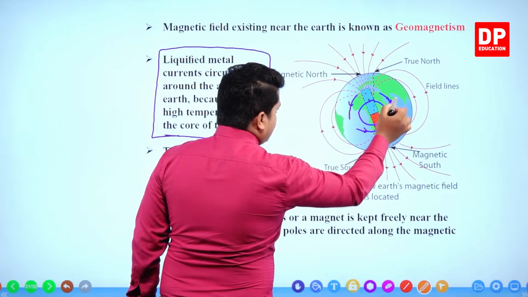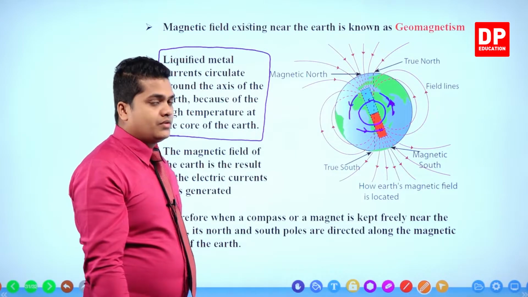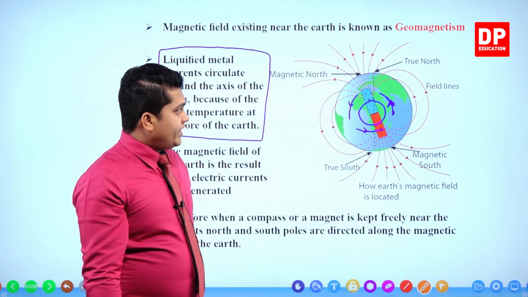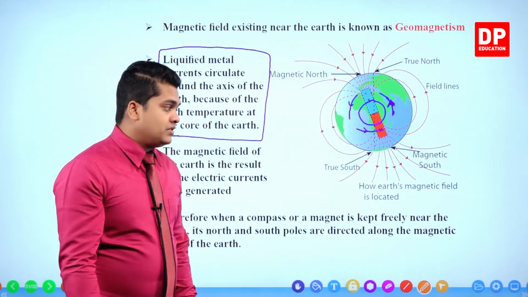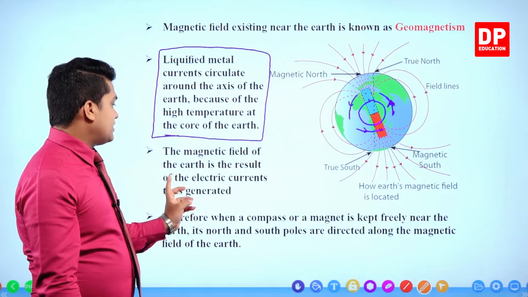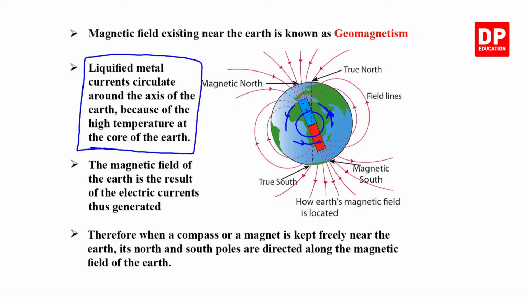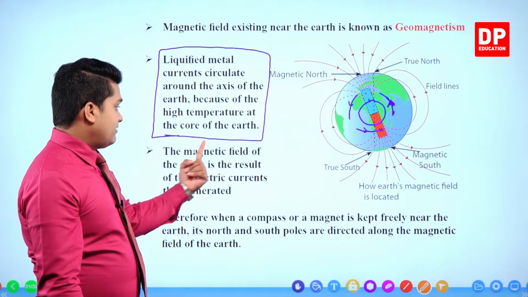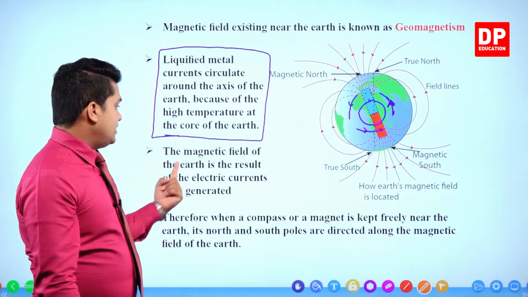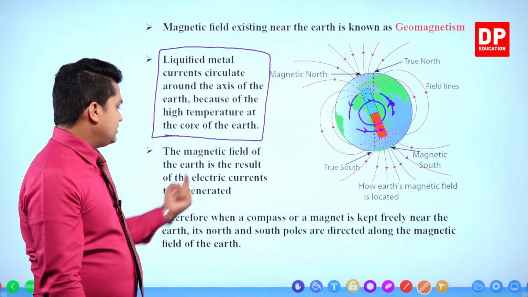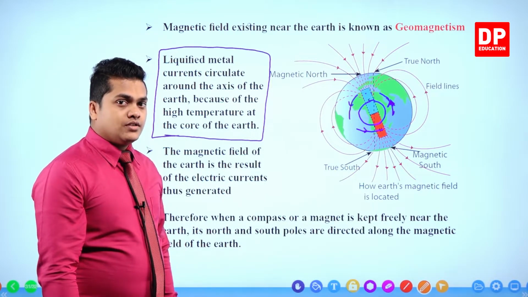Liquefied metal is circulating around the core when the earth rotates. So in that situation, what happens? The magnetic field of the earth is the result of the electric current thus generated.